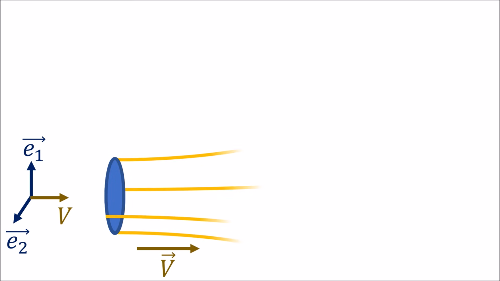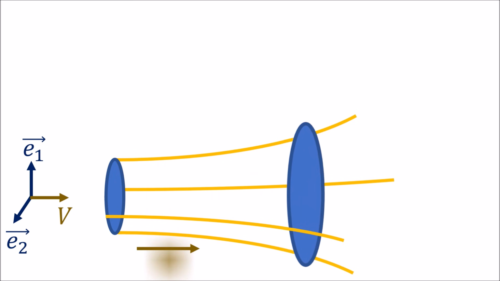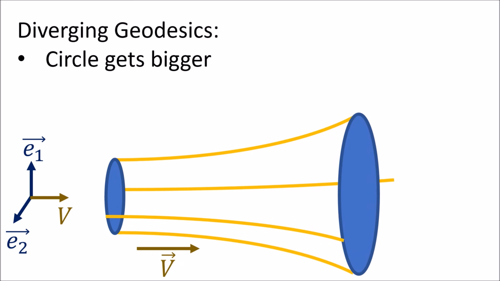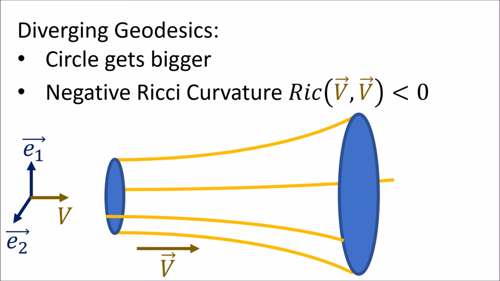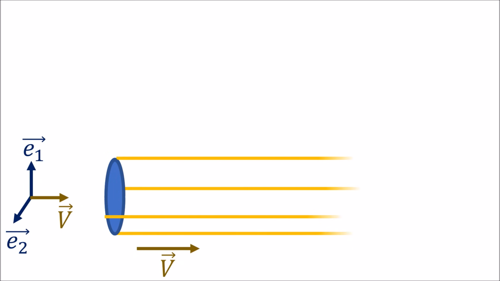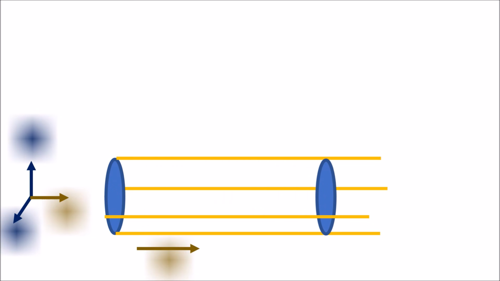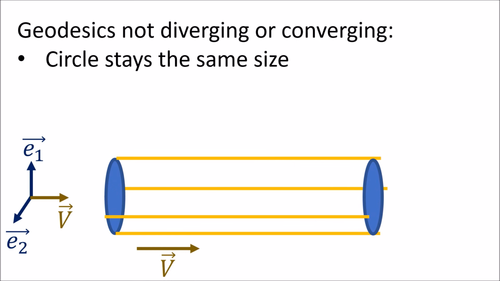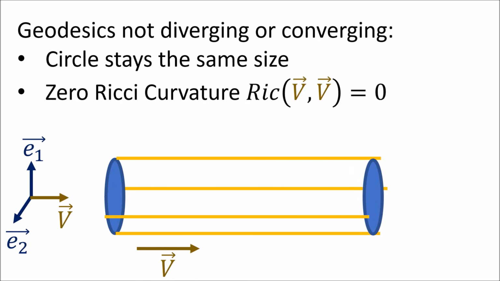If the geodesics diverge apart, then the circle will get bigger. This means the space has negative Ricci curvature in the direction of v. If the geodesics don't diverge or converge, then the circle stays the same size and we have 0 Ricci curvature in the direction of v.